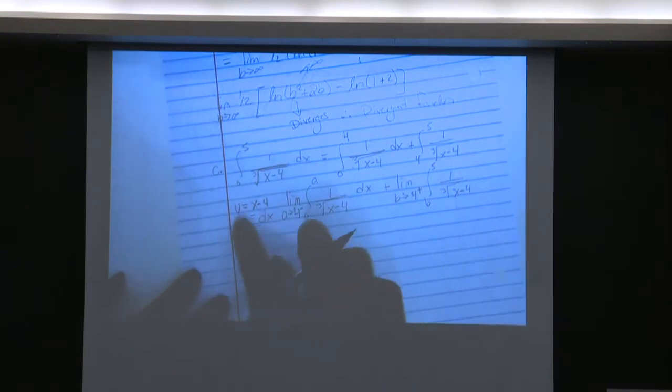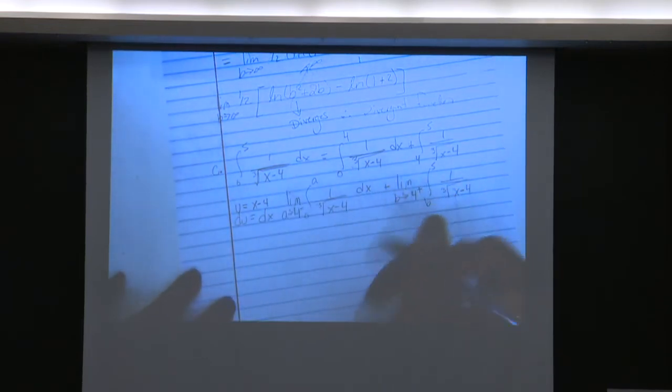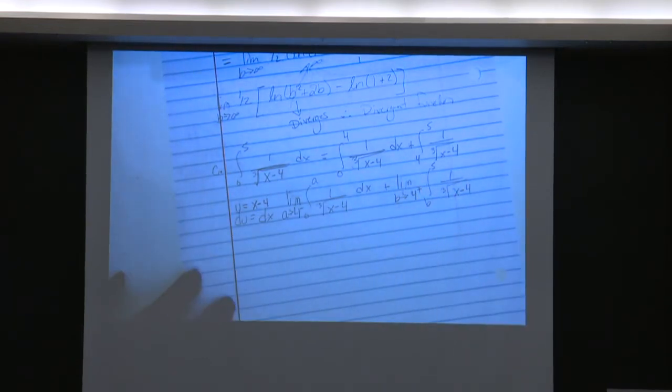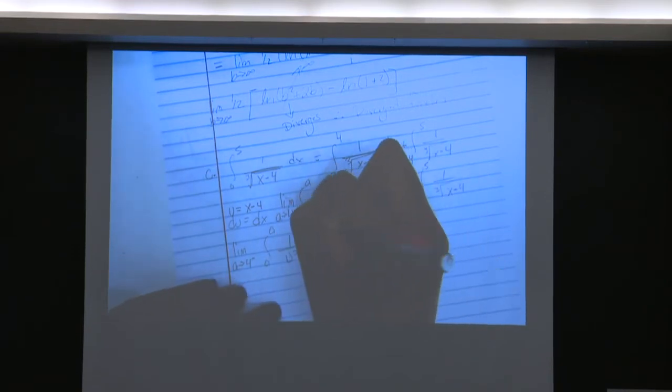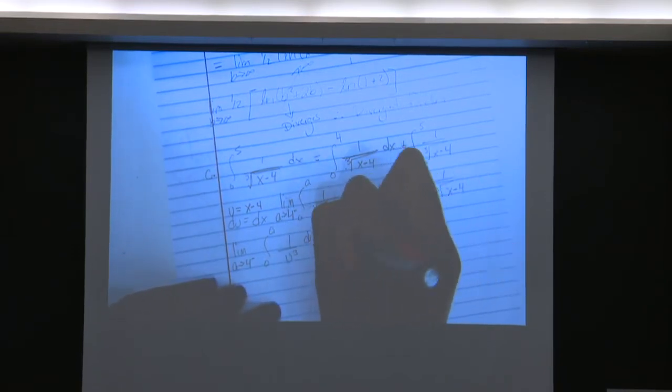Now I just go in and plug in my u's, but I'm going to start with the 4 from the left. 0 to A, 1 over the cube root of u du gives me 0 to A, u to the negative 3 du.